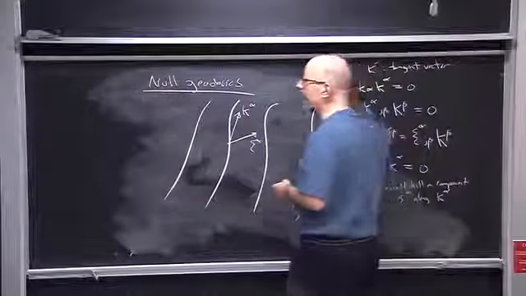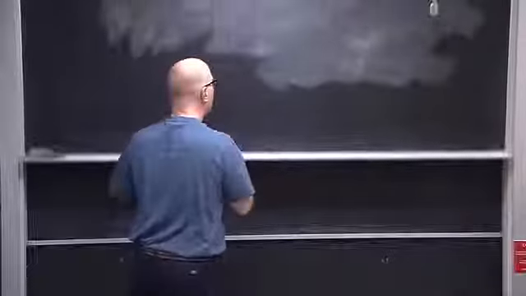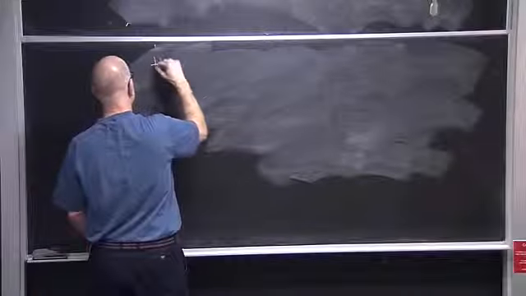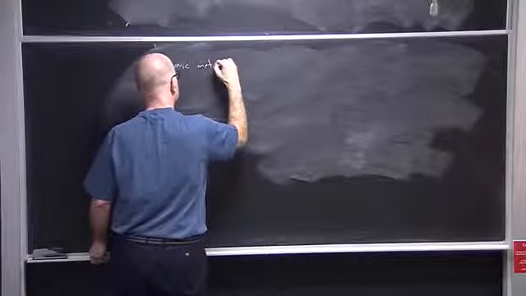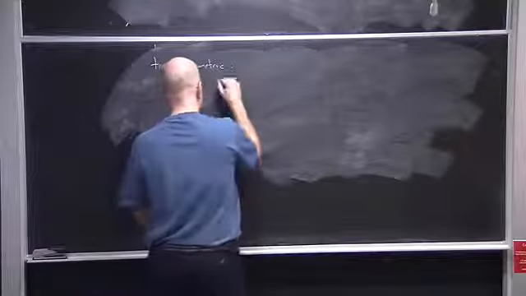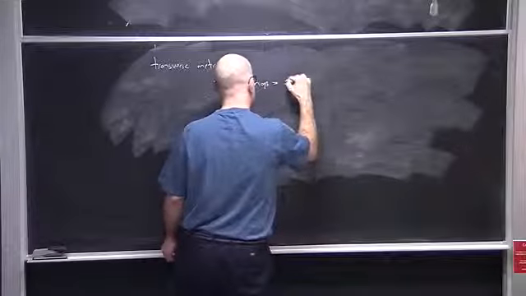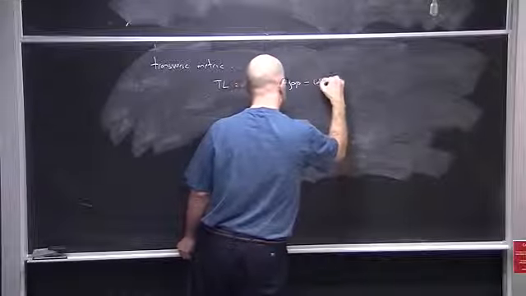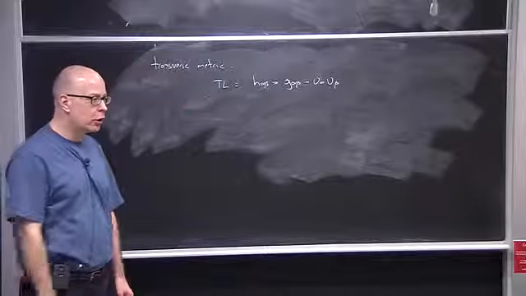So we have to do that now, and that's where it gets tricky. Well, in the time-like case, it was easy. In the time-like case, we just said it's got to be this, and that had the property of being orthogonal to u.